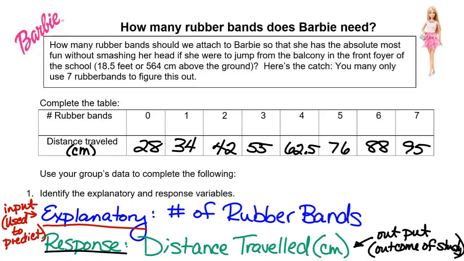And depending on what units you used, you need to write what your units are there. So if you used inches, you want IN. If you used centimeters, mark that as CM. The y-axis is automatically going to be your response variable.